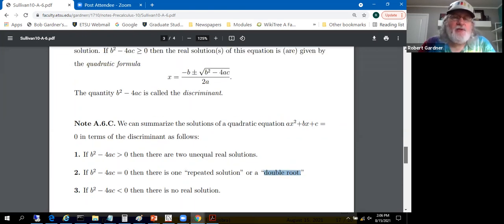A solution of multiplicity 2 is common verbiage. And if the discriminant is negative, less than 0, there are no real solutions, and it turns out there are two complex solutions. So if you let me talk about complex numbers, there are always two solutions. You just have to allow complex numbers and count in a clever way in the second case.